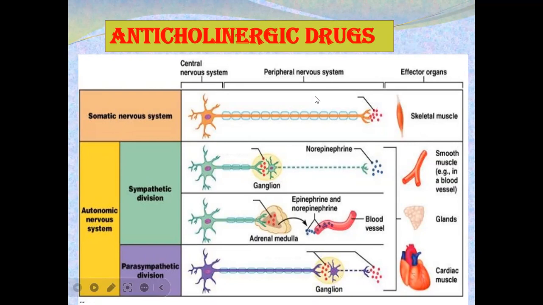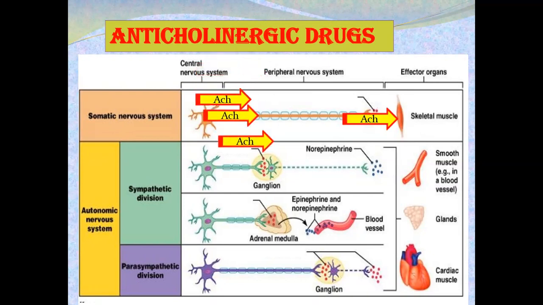So in this case, you'll see that anticholinergic drugs work in the somatic nervous system. They work at the skeletal muscles, where the stimulation at the peripheral nervous system meets the effector muscle. That is where they work in the somatic nervous system.